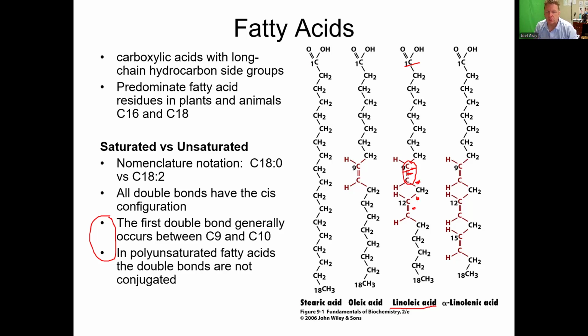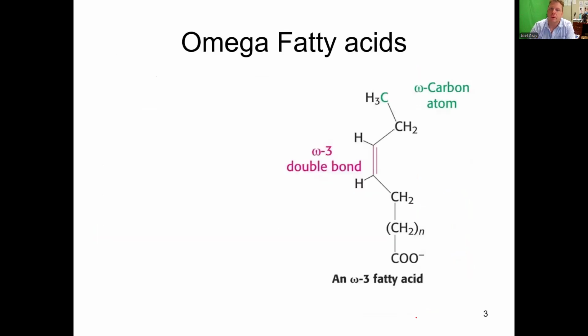So whenever you see that double bonds are not conjugated, it's going to be double, single, single, double, single, single, double, single, single, double, until you're done. Because if these double bonds were conjugated, it would be double, single, double, single, double, single, double, single. Okay, so that's your naturally occurring pattern and organization for your double bonds in a fatty acid.